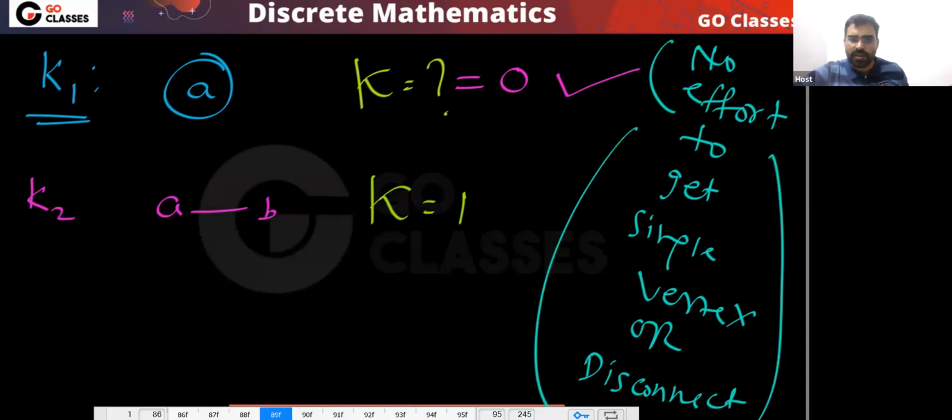So very simple. So, the final conclusion. Here I am writing the graph, and here I am writing the kappa, the connectivity number.